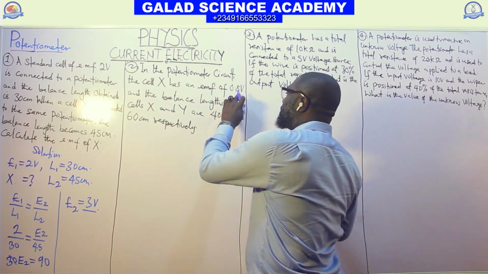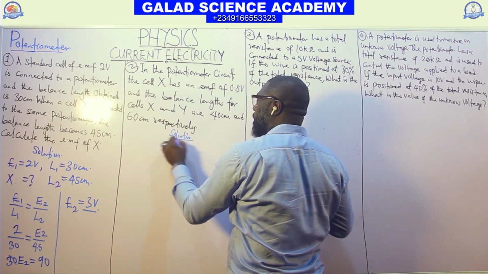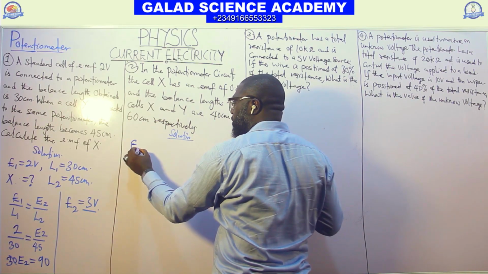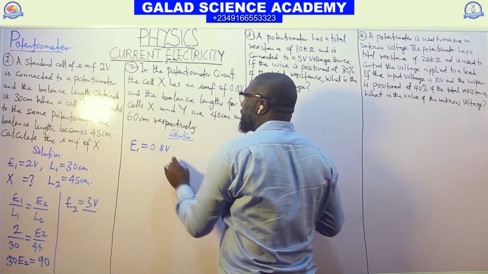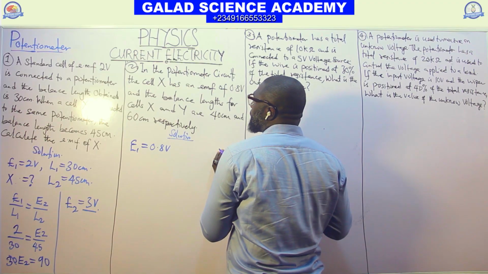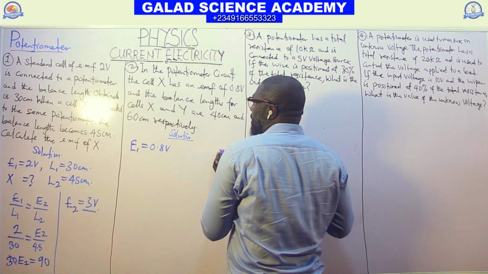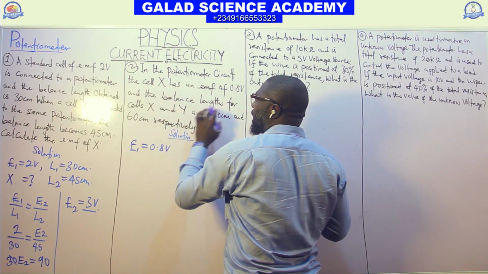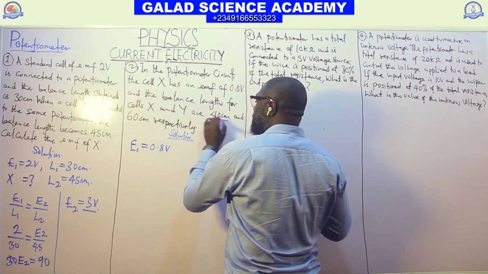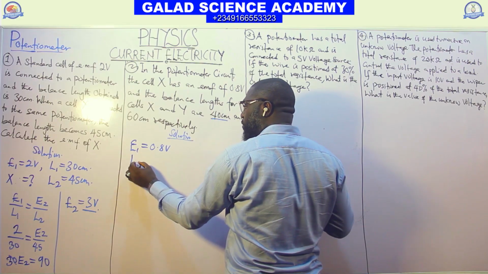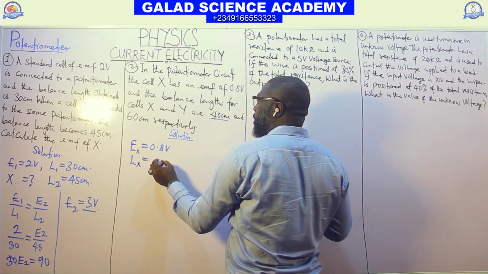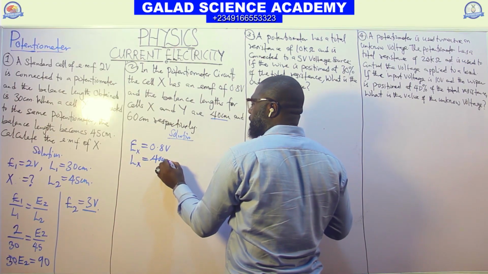The second question, we are given a potentiometer circuit. The cell X has an EMF of 0.8 volts, and the balance lengths for X and Y are 40 and 60 centimeter respectively. Find the EMF of Y. So the length of X is 40 centimeter, the EMF of X is 0.8 volts.